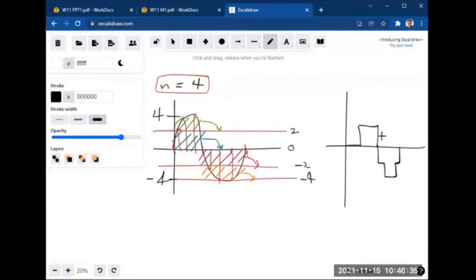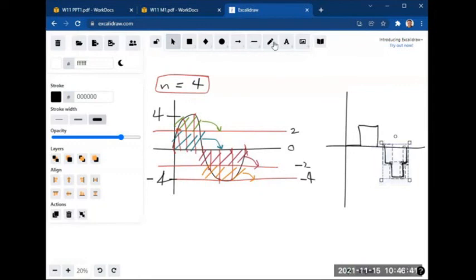Okay, so again, this part is 0. Let's try to move this one. So this part was 0, this part is 2, this part is 0, this part is -2, this part is -4, then this one is -2.